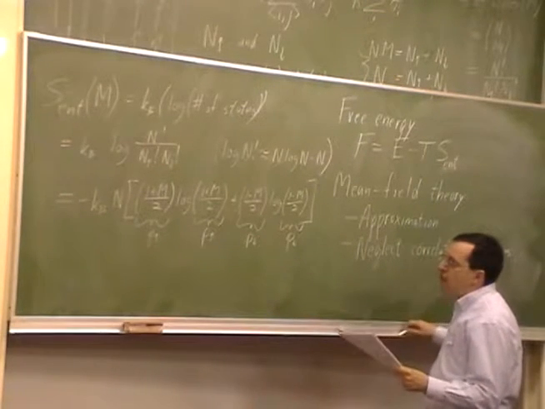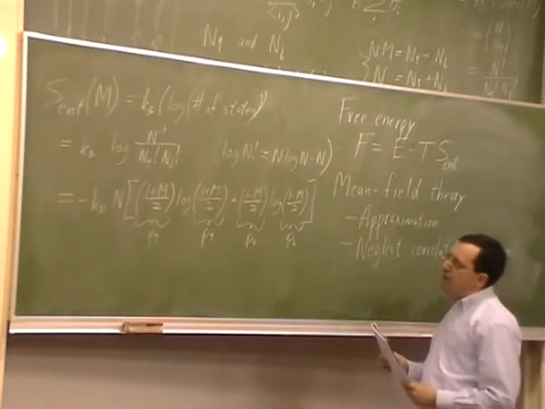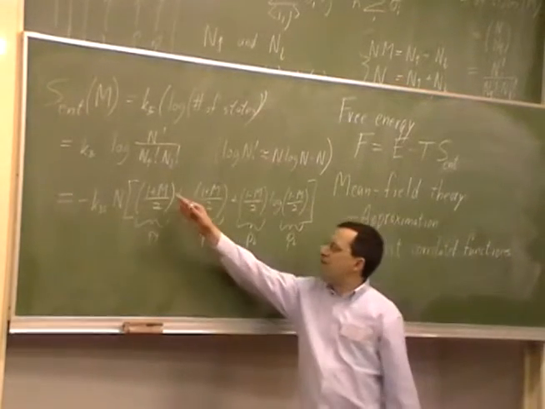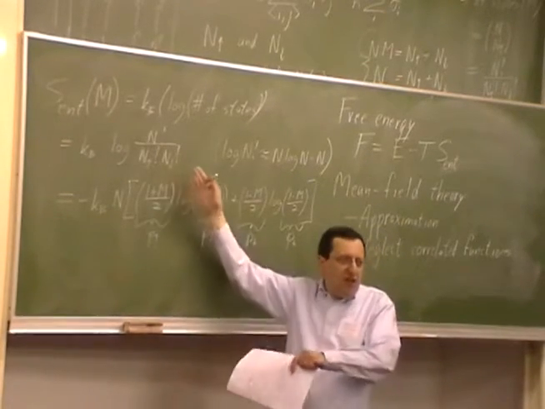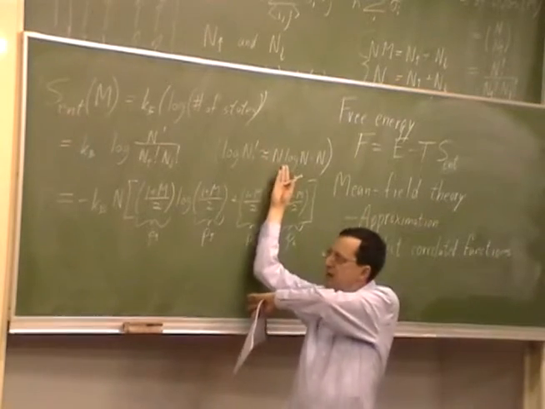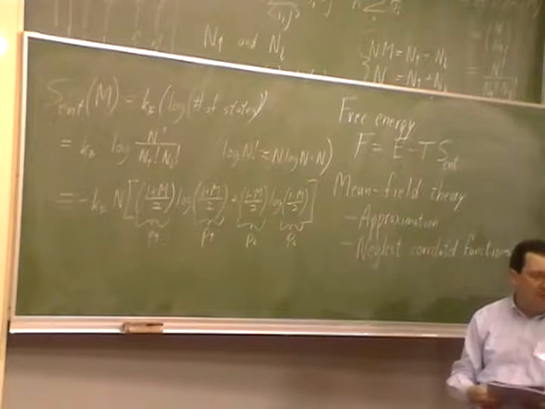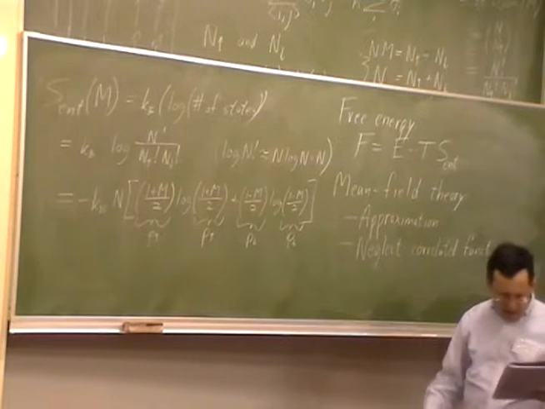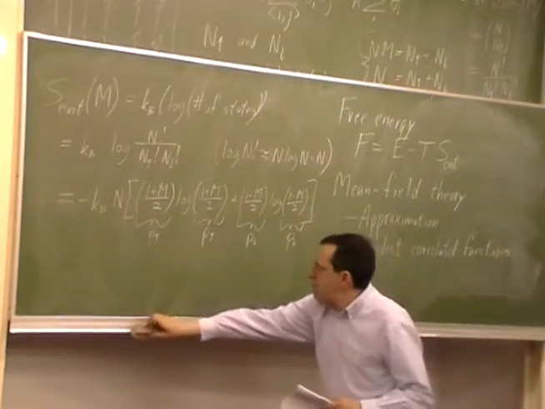Right, okay. So this makes an expression for the entropy as a function of the net magnetization, an order parameter for the magnetization. And this just came from combinatorics, just from counting states. Okay, well, that's the entropy.